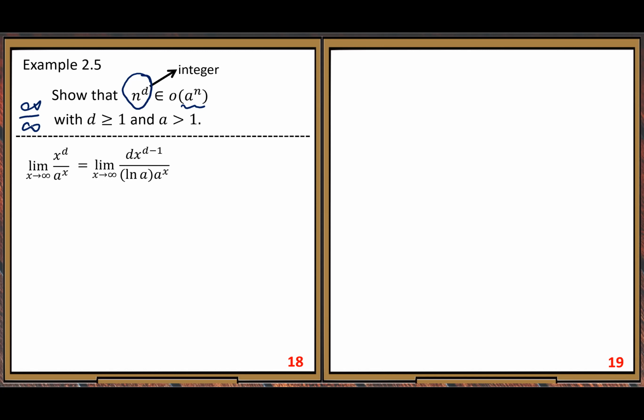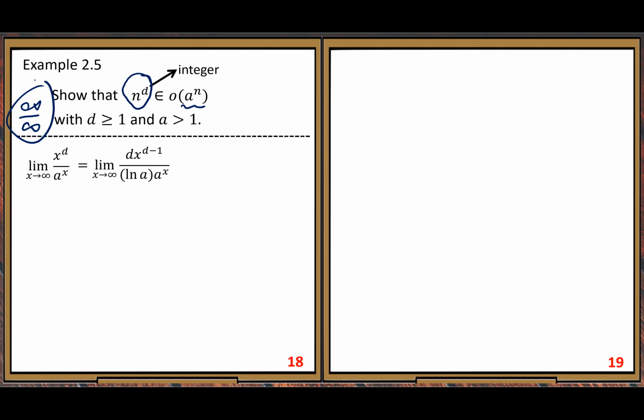That's the first time we apply L'Hopital's rule. After it, can we get the answer? Not yet. Still, we cannot see easily the answer. But it is still another infinity over infinity indeterminate form, right? That means we can apply L'Hopital's rule another time.